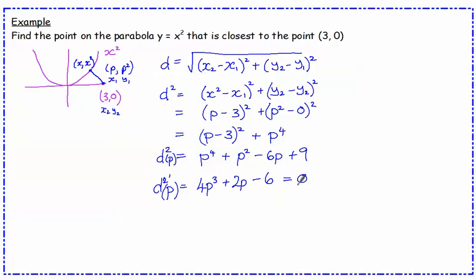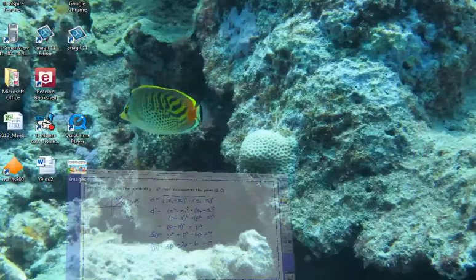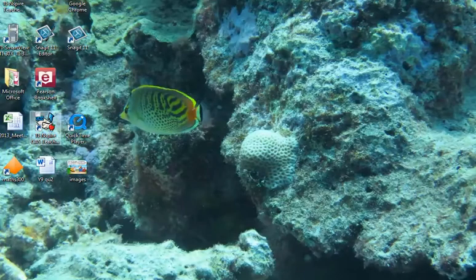In order to solve this, we're going to need a calculator, because it's not a nice easy one. I guess you probably could do without a calculator, but we'll do it with a calculator just so that we know what we're doing.